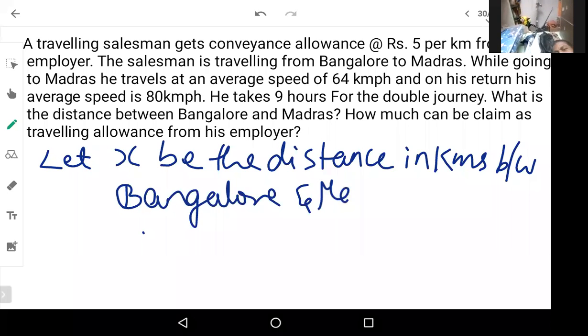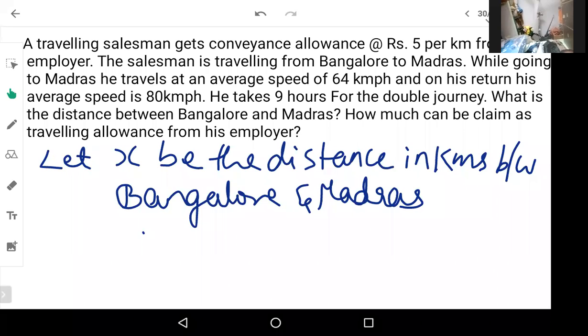So what is the first question they have asked us? What is the distance between Bangalore and Madras? Correct? So we are taking this distance as x between the two cities, Bangalore and Madras.